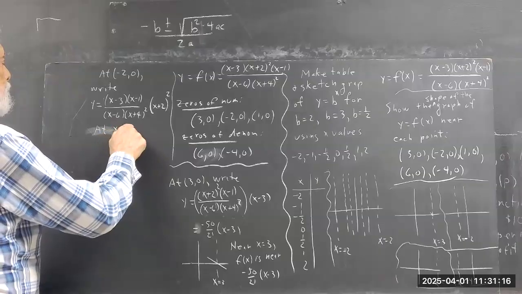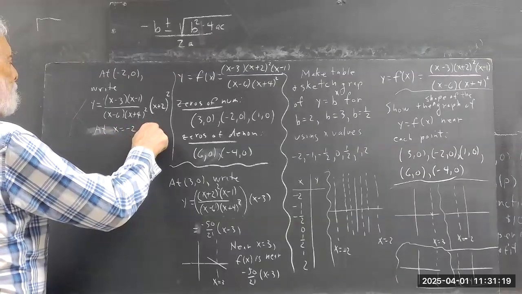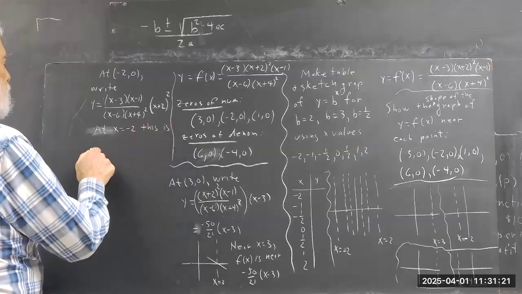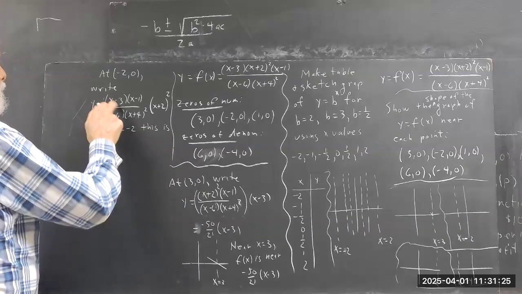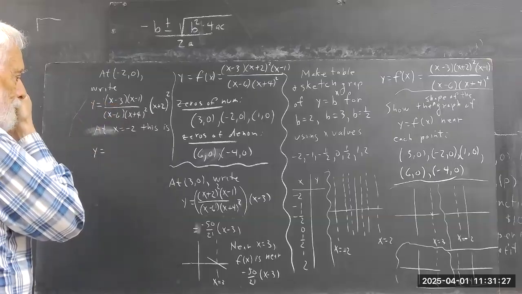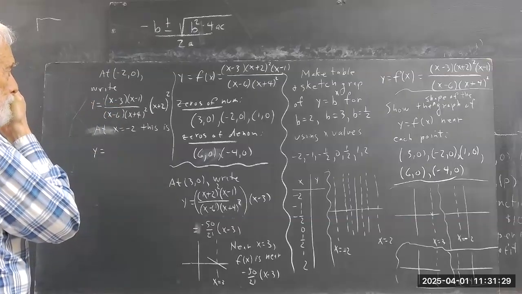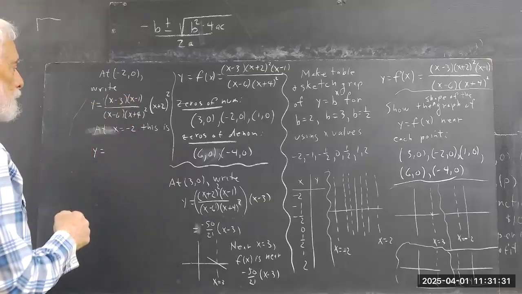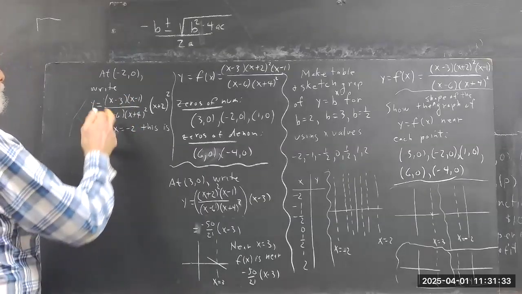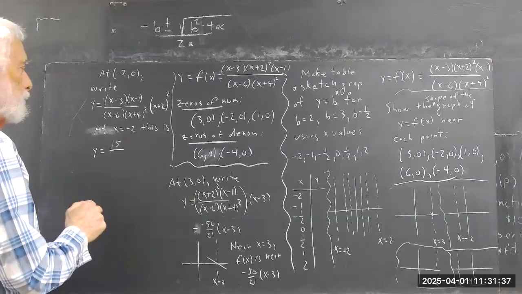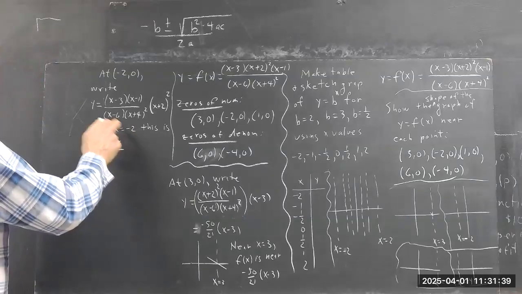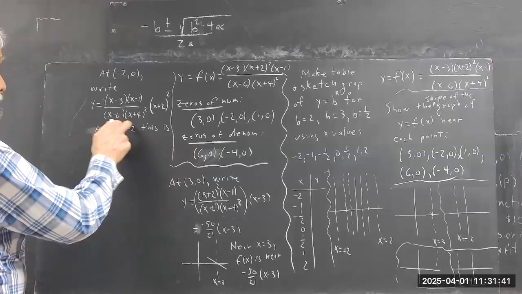At x equals negative 2, y equals, that'd be negative 5 and negative 3, which is 15. The denominator would be negative 2 minus 6, which is negative 8.